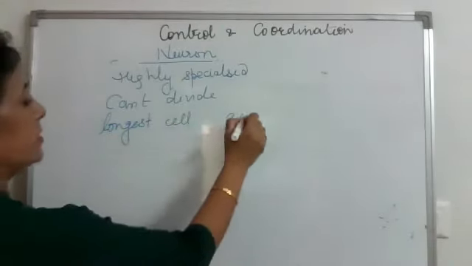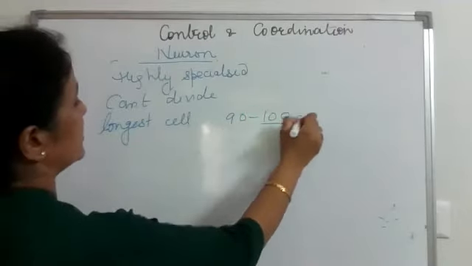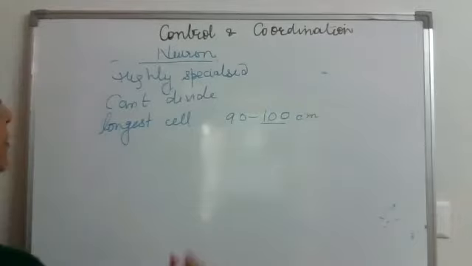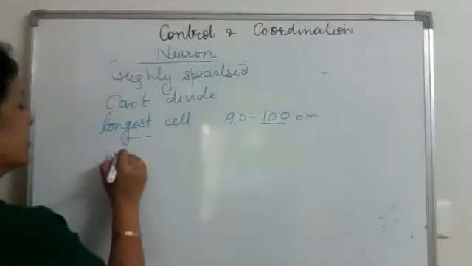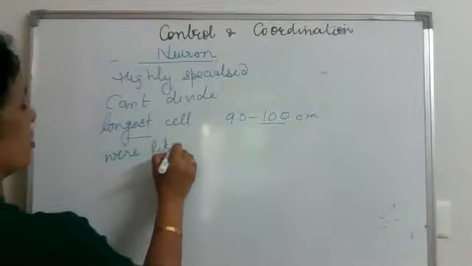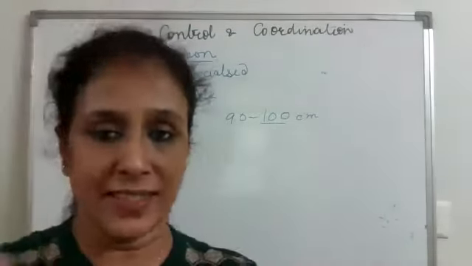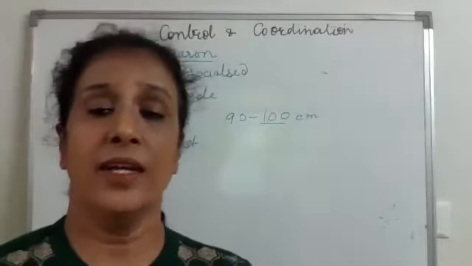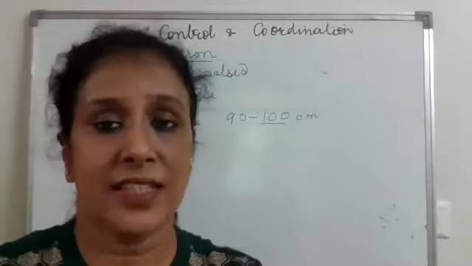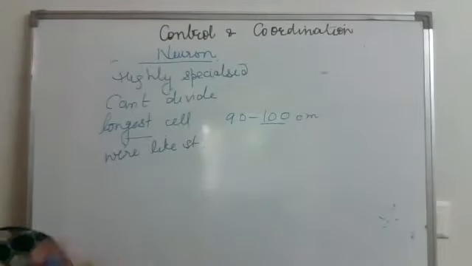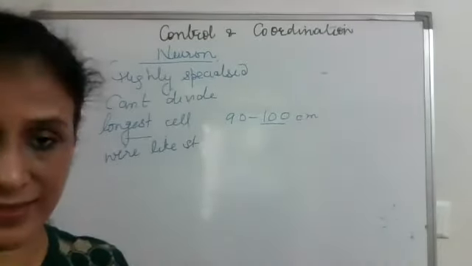It can be 90 to 100 centimeters in length, approximately 1 meter. It has a wire-like structure. You know that epithelial cells can divide, connective tissue can divide, and to a certain extent muscle cells can also regenerate. But our neuron cannot divide, it cannot regenerate.